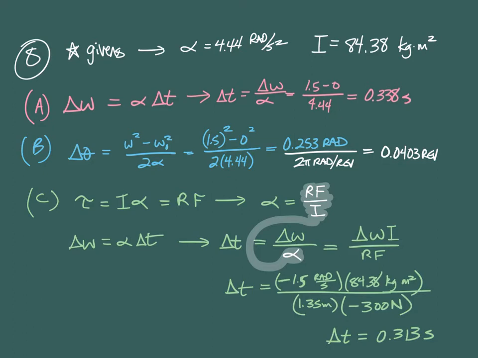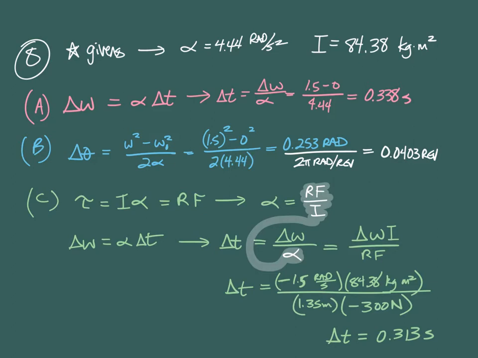So again, this is a kinematics and dynamics problem. We do a bunch of kinematics to get some of our variable values. Then it's a torque problem, all right? And then torque is related to these kinematic variables. Therefore, I can work my way through to find out certain things.